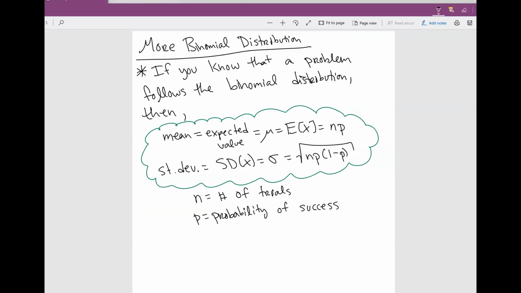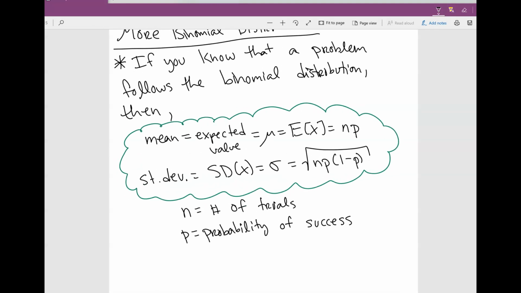This is the last thing that we'll talk about for binomial. If you know that a problem follows the binomial distribution, then we can find the mean. The mean of this random variable, mu, is equal to n times p, where n is the number of trials, the number of times that we do this or the number of people that we get, and p is the probability of success, the chance that this occurs.